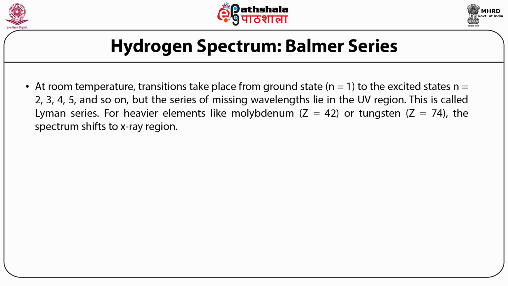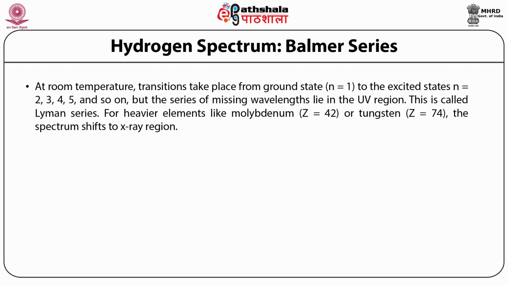At room temperature, the transitions take place from the ground state to the excited states. The series of missing wavelengths for these transitions lie in the ultraviolet region. This is called the Lyman series.